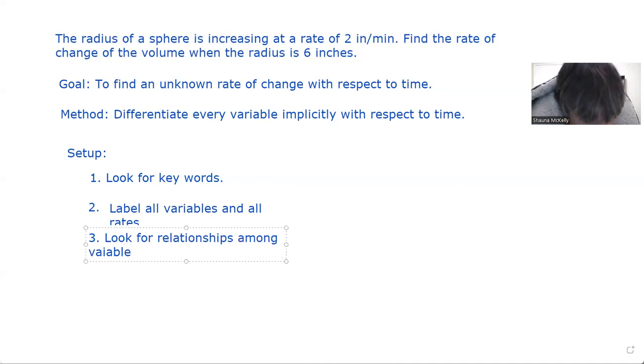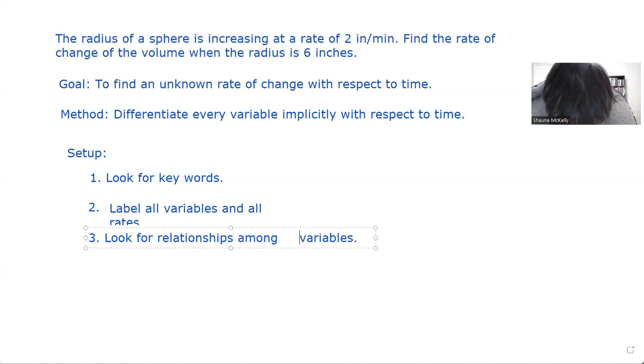You look for relationships among the variables. Oops, I misspelled the word here. Let me go back. Look for relationships among variables. So that's our next step. And I'm going to show you that in a minute.